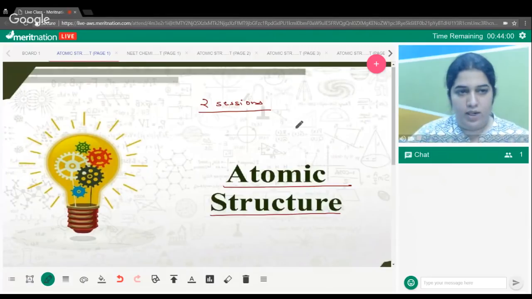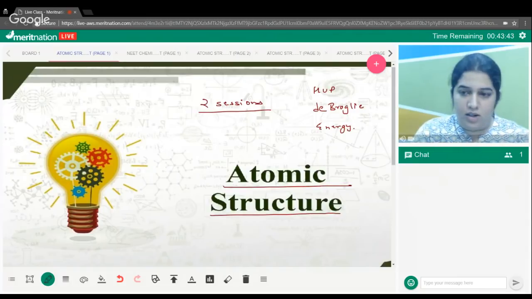The most important topics that we need to cover are Heisenberg uncertainty principle. We will cover the significance of de Broglie wavelength. After this, we also talk about the energy levels that are involved when we talk about Bohr structure of the atom. Now, in the next session, we are going to cover the electronic configuration part.